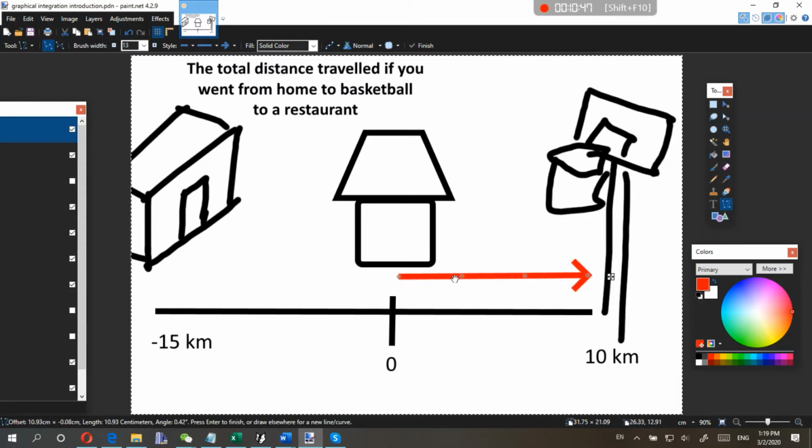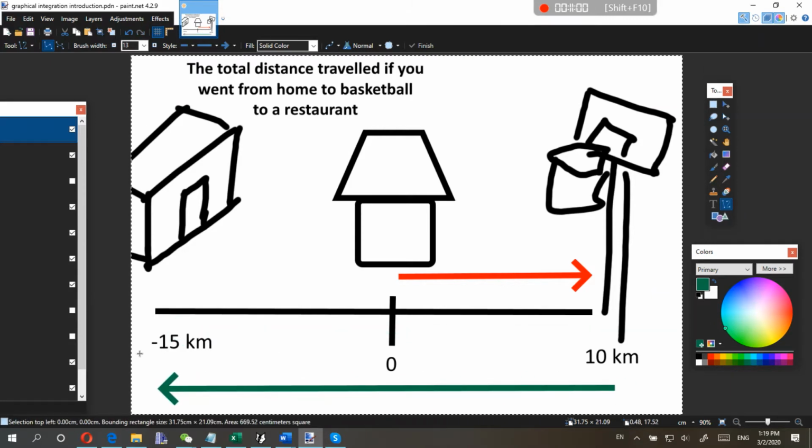So we went to basketball and then to a restaurant. How far did we travel total, and what's our displacement?